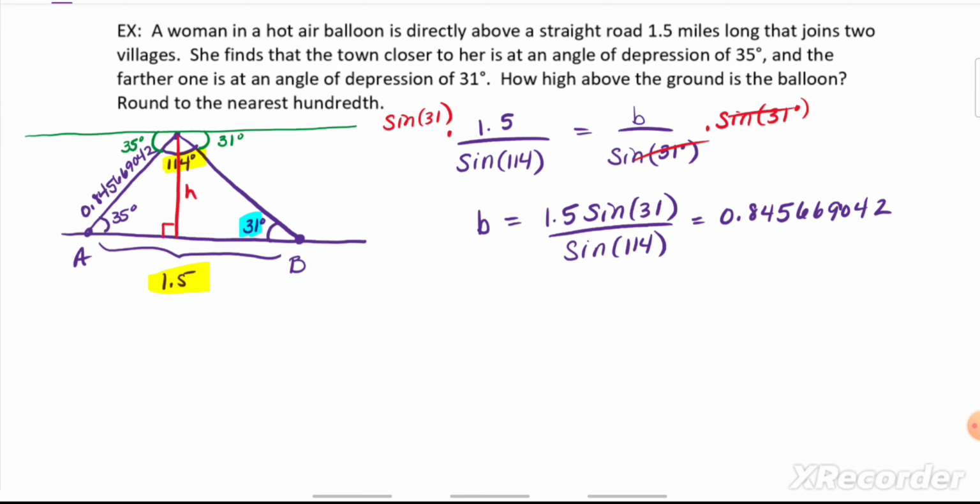This creates a right angle, so we have a right triangle right here where we know one of the angles and one of the sides, and we're looking to find the other side. We can use SOHCAHTOA to find that height. From our 35-degree angle, the height is opposite and the hypotenuse is known. So we're going to use sine here.